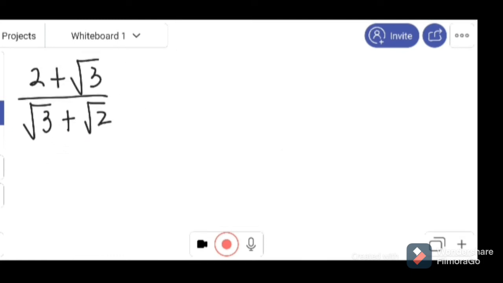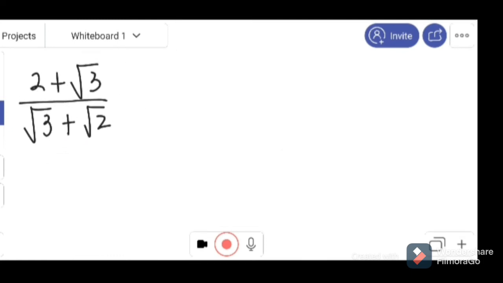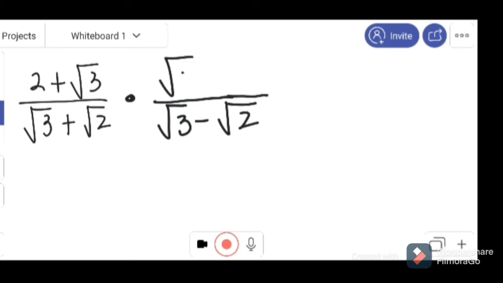First, we get the conjugate of our denominator, and multiply it to our given. So that is the square root of 3 minus the square root of 2. Square root of 3 minus the square root of 2.